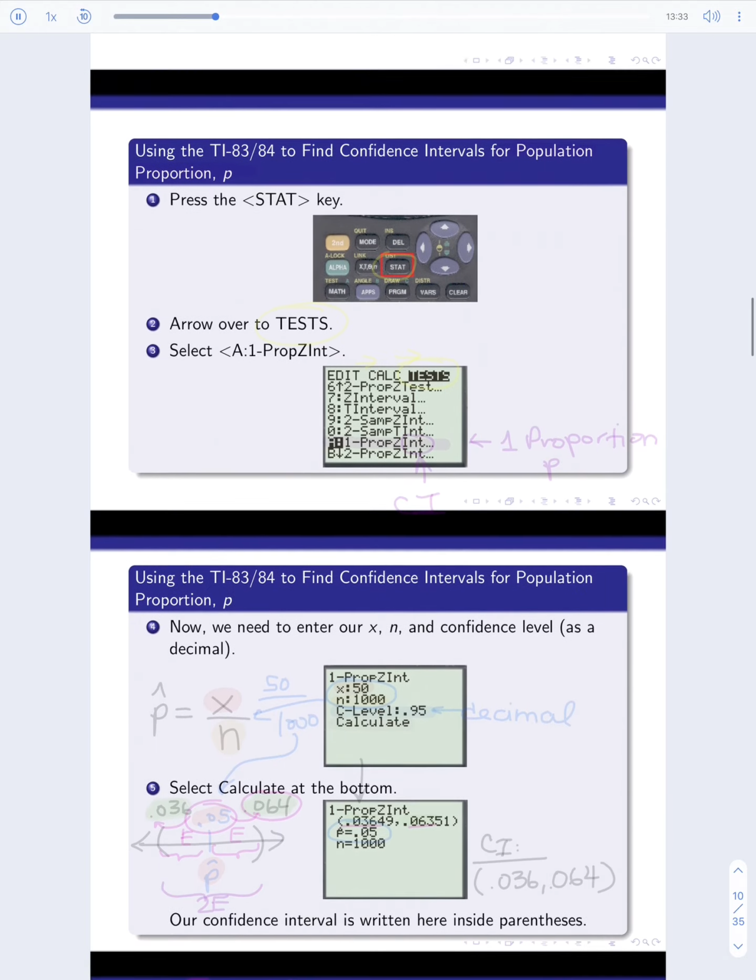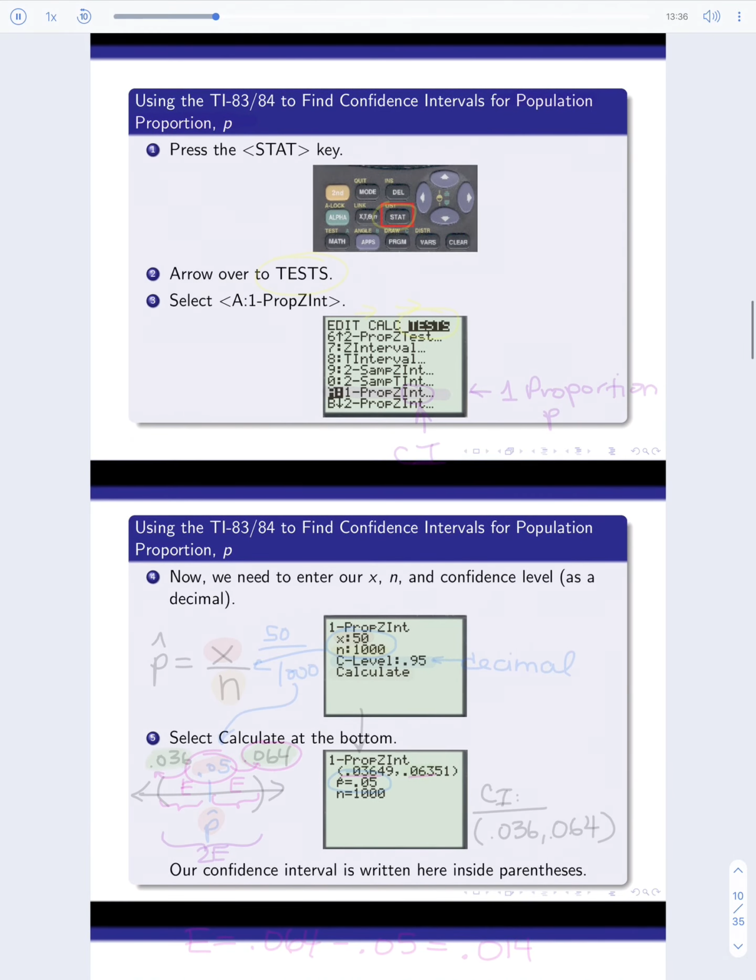In order to have the calculator calculate a confidence interval for a population proportion, P, we're going to have to go into our stat key on our calculator, and then we'll arrow to the right 2 times over to tests, and we're going to arrow down a whole lot until we get towards the bottom where we get to what's called a 1 prop z int.